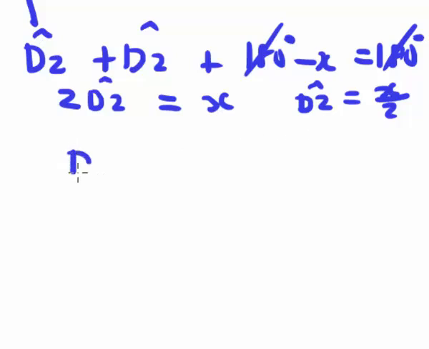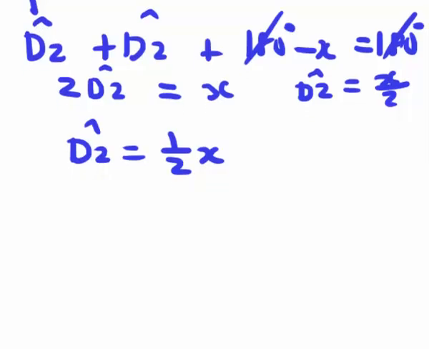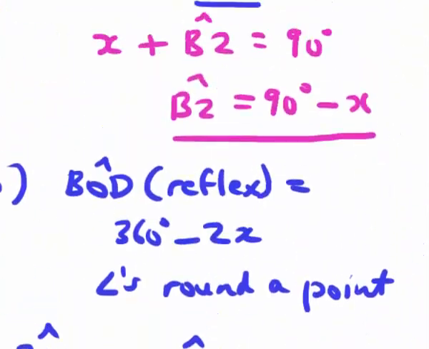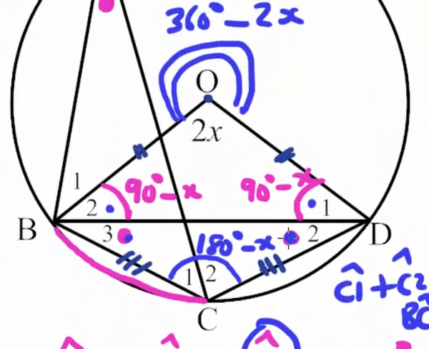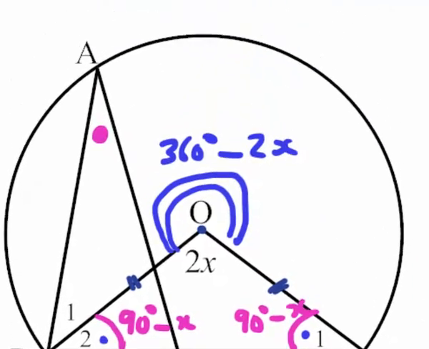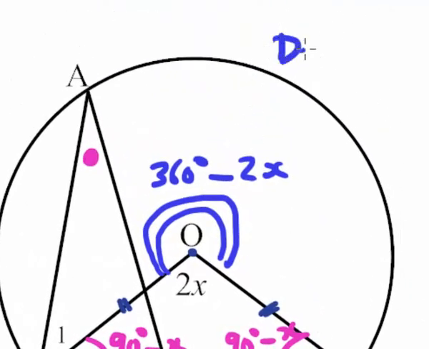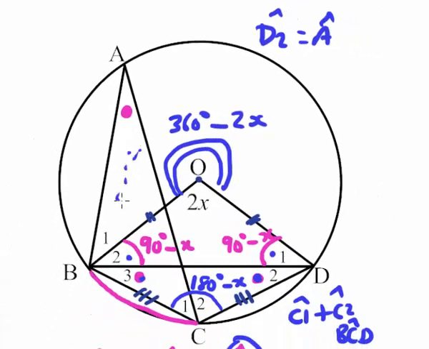So if D2 is equal to a half x, then what do we know about angle A? What do you know about D2 and A? D2 is equal to A, angles in the same segment. Look at the bow tie there. See that there? There it is, that little butterfly.